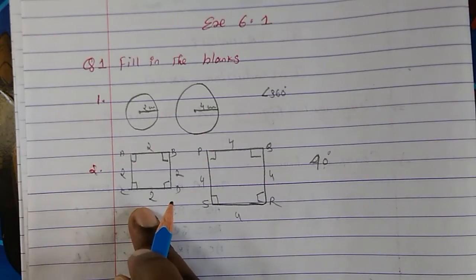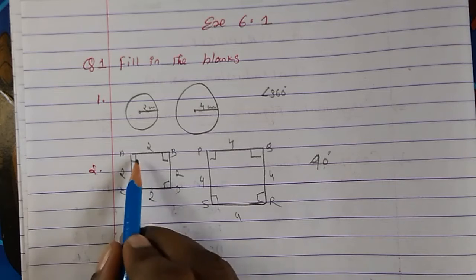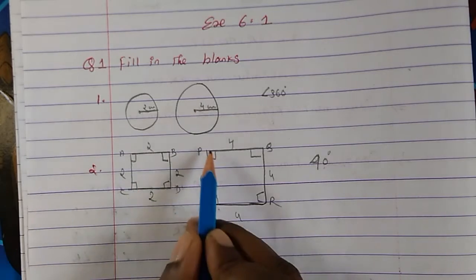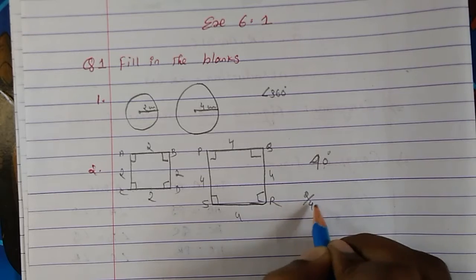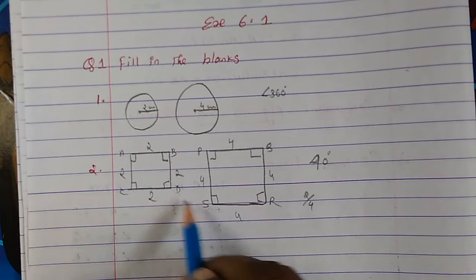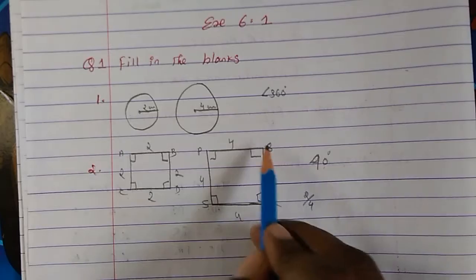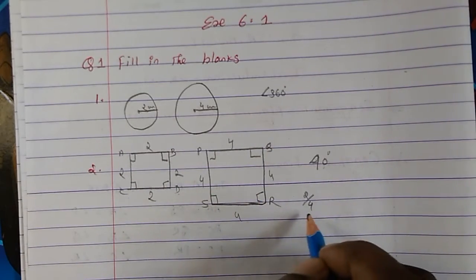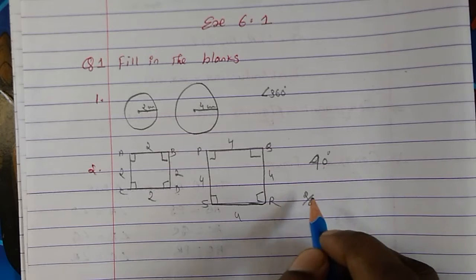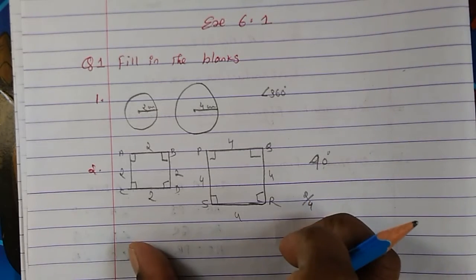So the sides' ratios, if you see, side AC upon PS will be 2 upon 4. This also 2 upon 4, this also will be 2 upon 4, this also will be 2 upon 4. So all sides' ratios will be 2 upon 4, then it becomes equal. So ratios are equal.